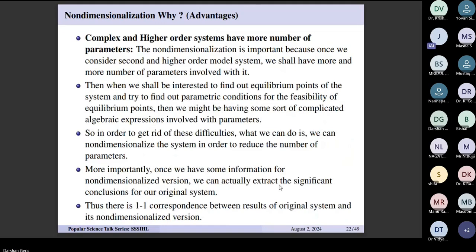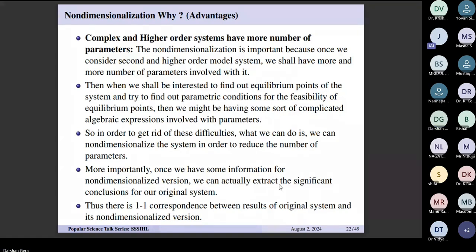Also, a complex or higher order system may have many variables when you convert it into a system of first order differential equations, and many parameters. For those systems, non-dimensionalization is a very good technique. Very precisely, suppose you want to find the equilibrium points of a given biological system.